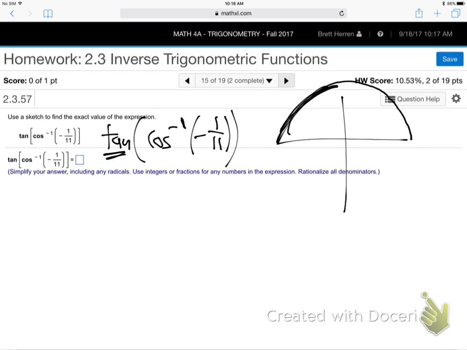What is tangent? Remember, all students take calculus. So in the end, the final question is tangent. What is tangent in the second quadrant? Positive or negative? Negative. So you know the answer is going to be negative. So now just forget about everything. You could just do 1 and 11 and forget about the negative.